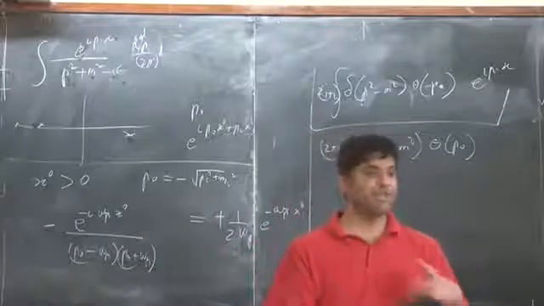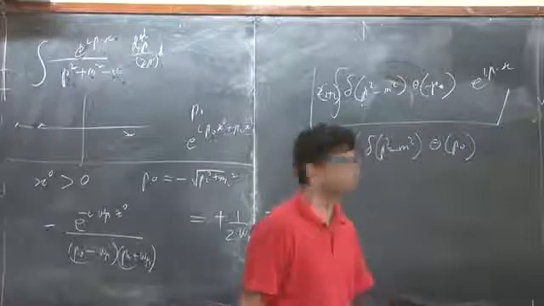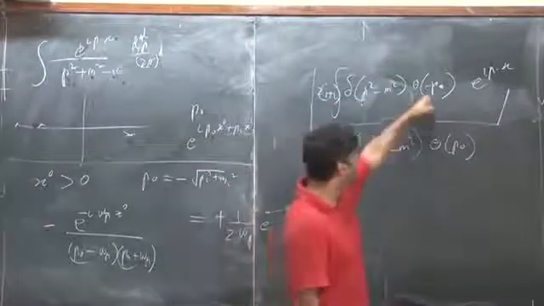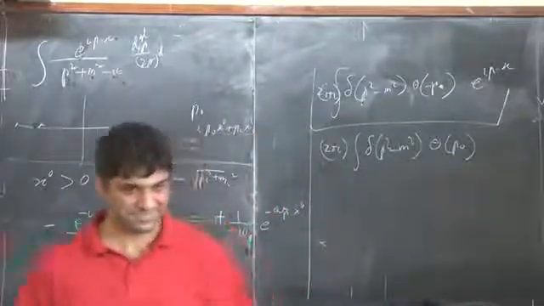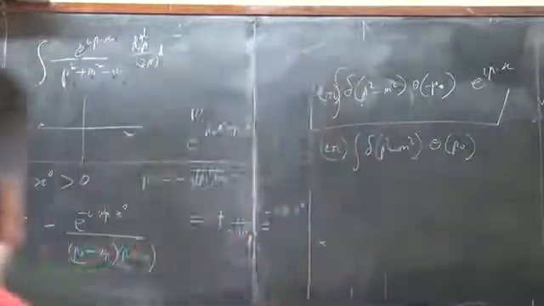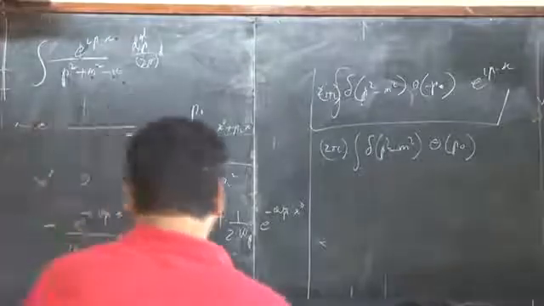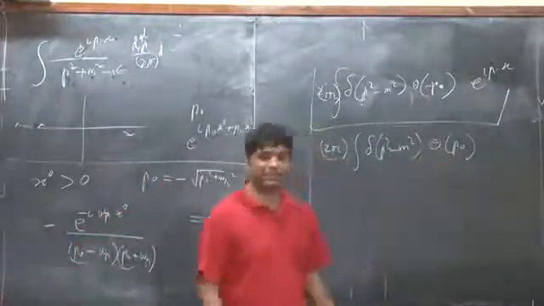It says that if you are interested in the Fourier transform for x naught greater than 0, all you have to do is put the on-shell delta function, but take the negative p0 solution. If you are interested in the Fourier transform when x naught is less than 0, what you need to do is take the on-shell momentum, but you flip.